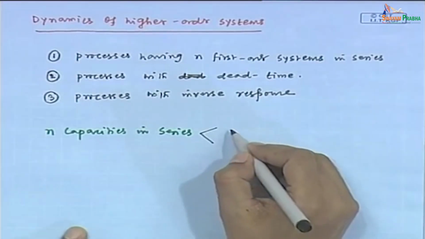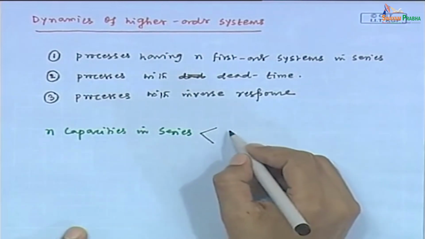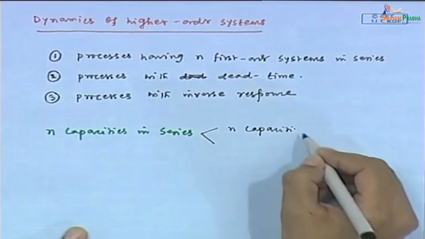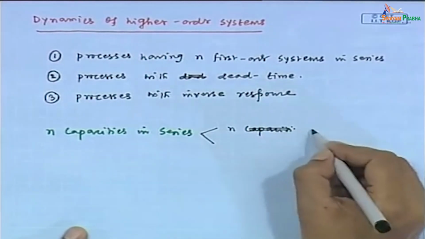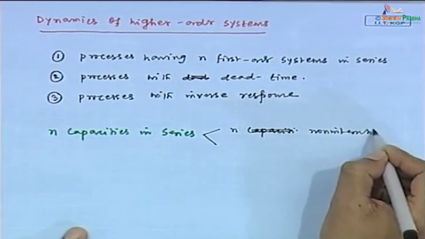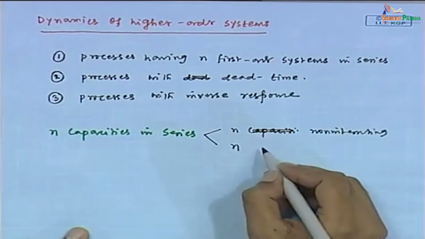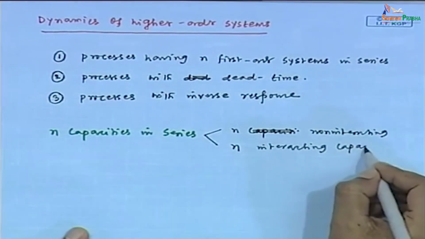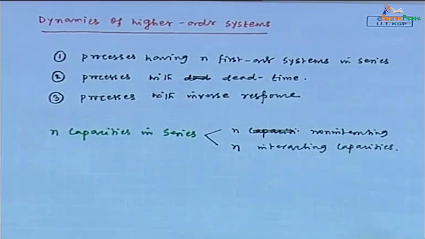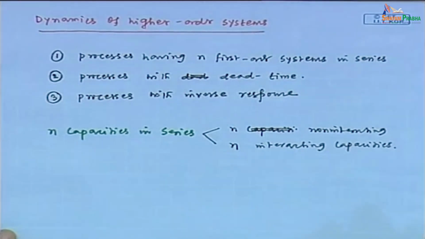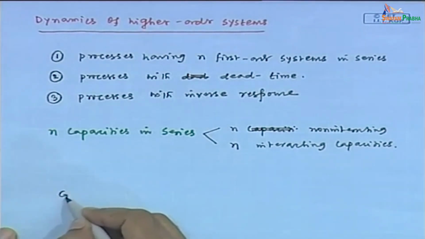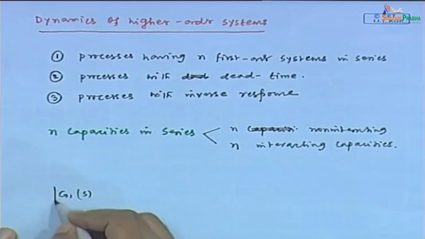Fine. If we consider n non-interacting capacities, then we need to connect n first order systems in series.